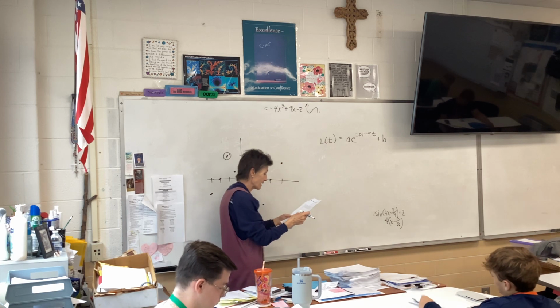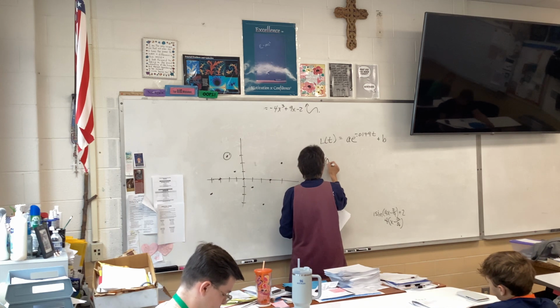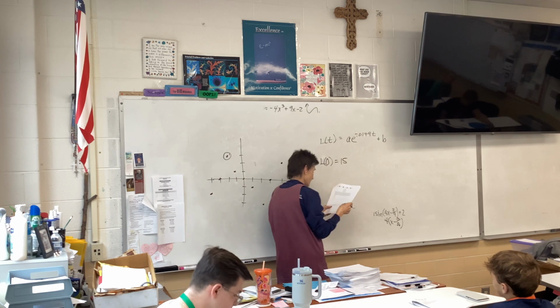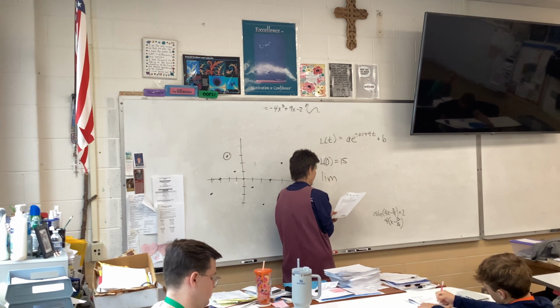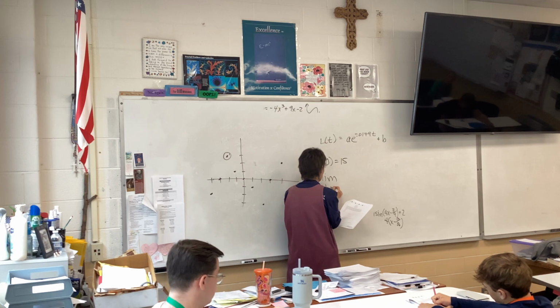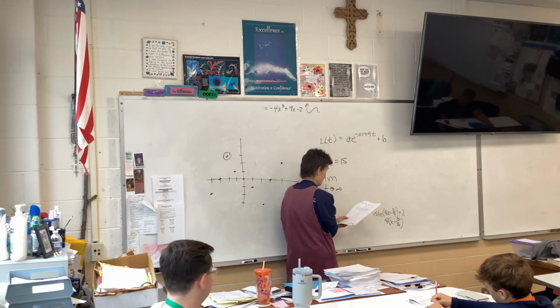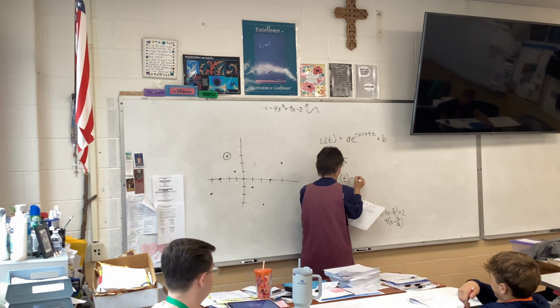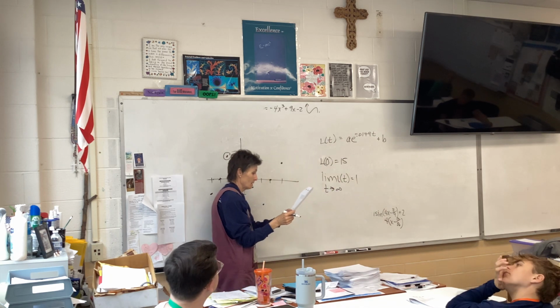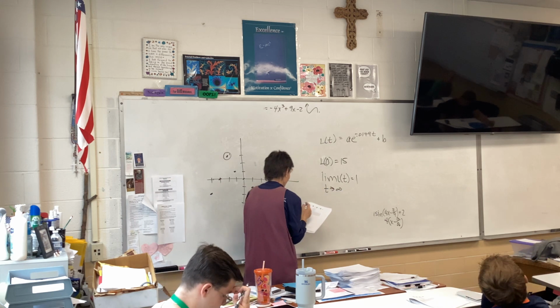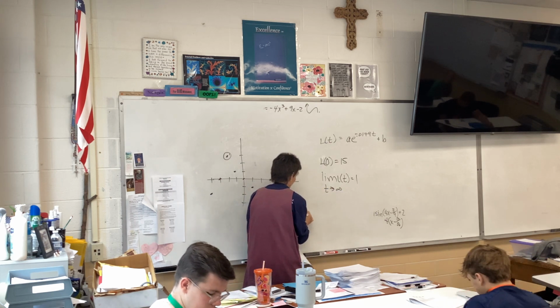Okay, and it says L of 0 is 15, so if I plug in 0, I get 15. And the limit as t approaches infinity is 1. And then I want to find where L of t is 6.